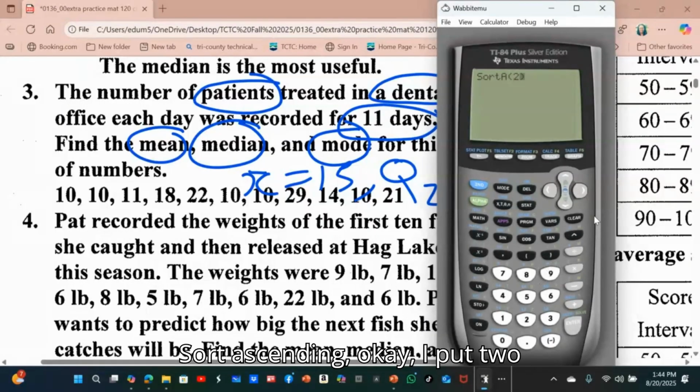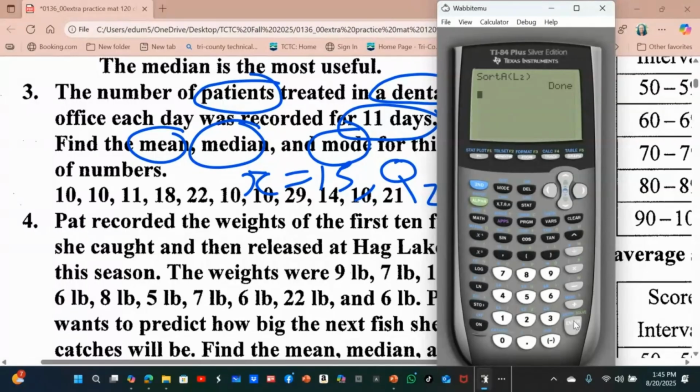Sort ascending. Okay, I put 2 instead of L2. See? So second L2, L2. That's better. So now I'm going to hit enter. Second L2 means I'm telling my calculator that my data is in list 2.